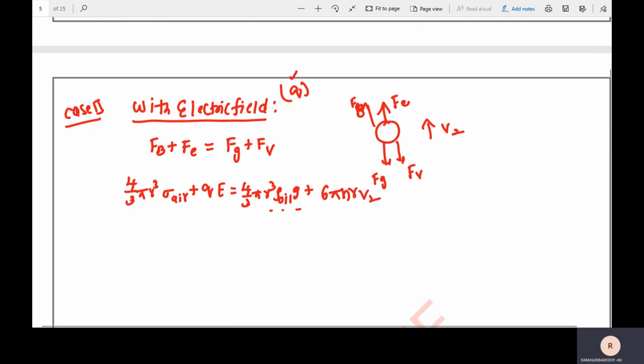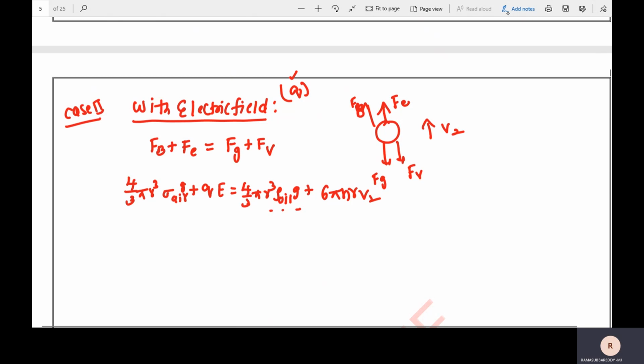Here I wrote directly because we wrote the same in the first case. The mass m is density into volume; volume is 4 by 3 pi r cube, and density is rho of oil.